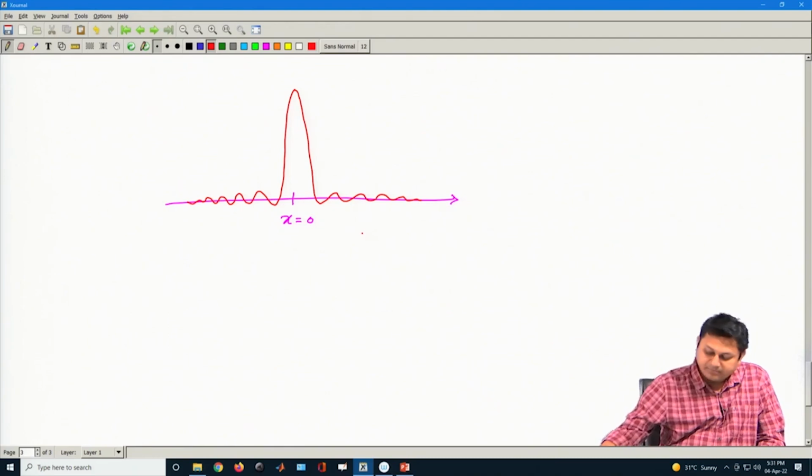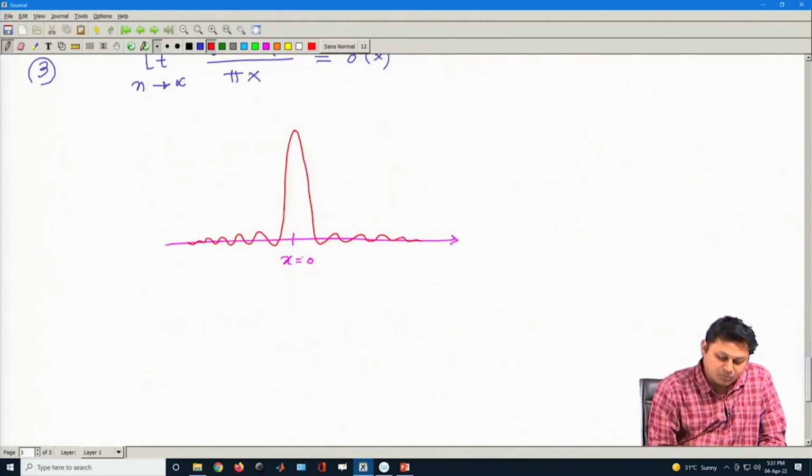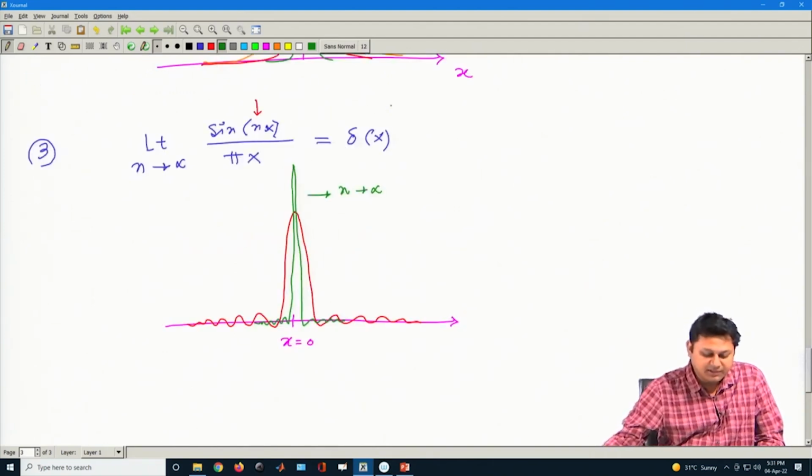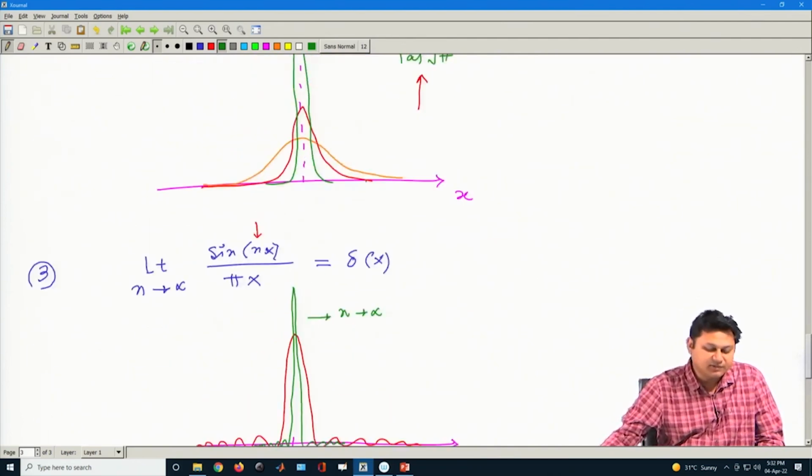Now, if I make n tend to infinity, then I will get a more and more sharp sinc function, and eventually it looks like a delta function. I am just roughly drawing the condition when n tends to a very high value, tends to infinity. So, it basically arranges itself like a delta function. This is the way one can realize it.